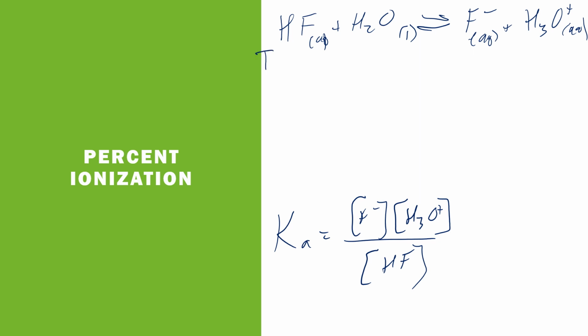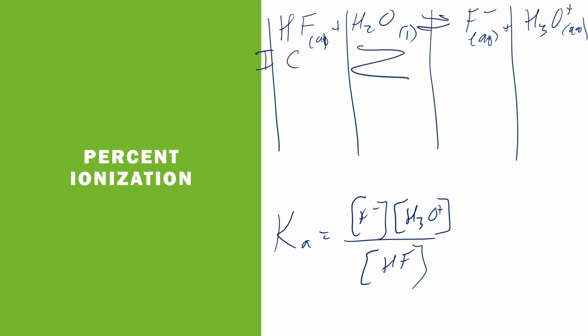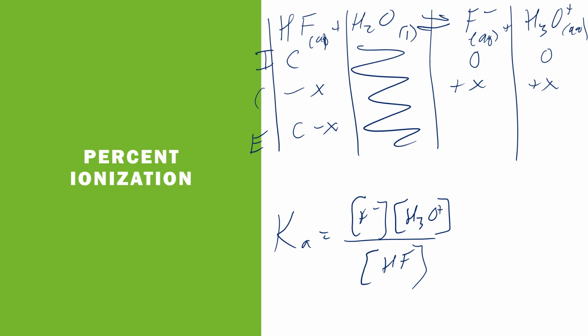Initially, you have some concentration of HF, and we have 0 fluoride and 0 hydronium. The concentration of the HF is going to decrease by X. The F negative will increase by X, and the hydronium will increase by X. So you wind up with C minus X, X, and X.